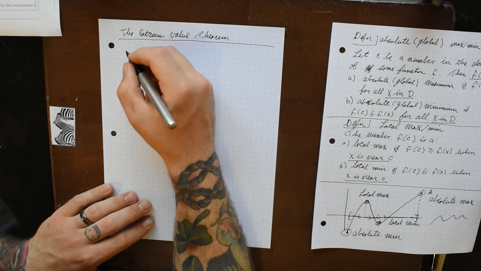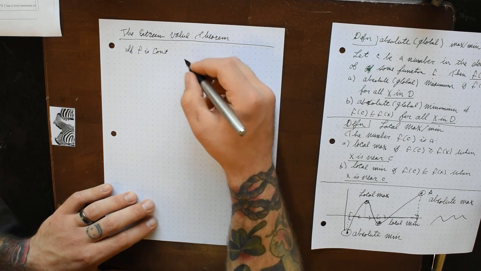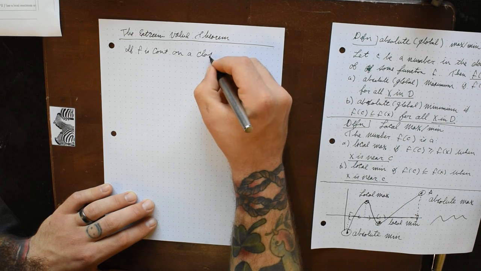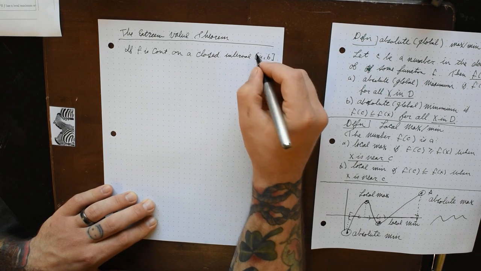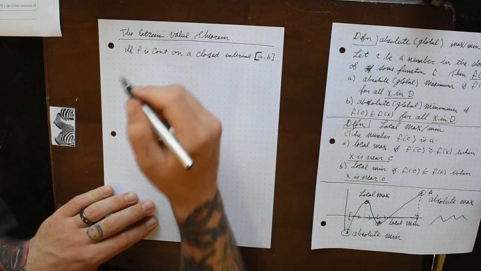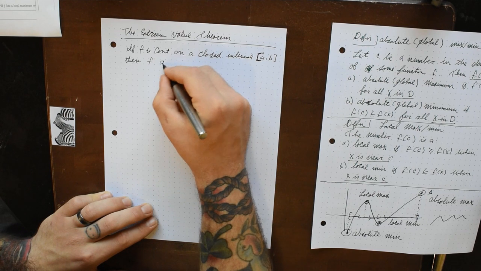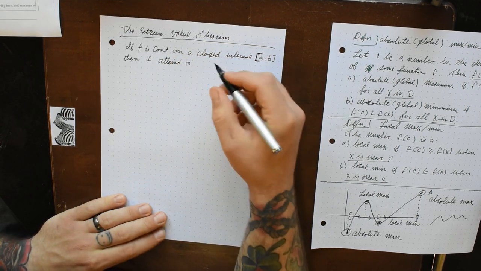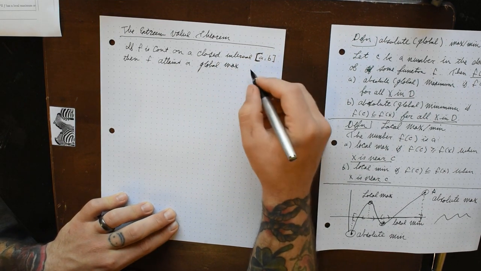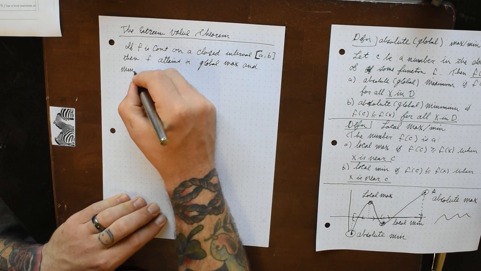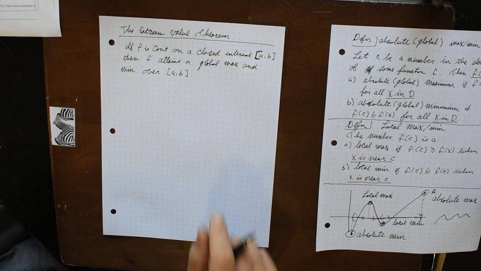And what the extreme value theorem says is if f is continuous on a closed interval, a to b, and that was a poorly drawn square bracket, then f attains a global max and min over a to b. And so what is meant by this?